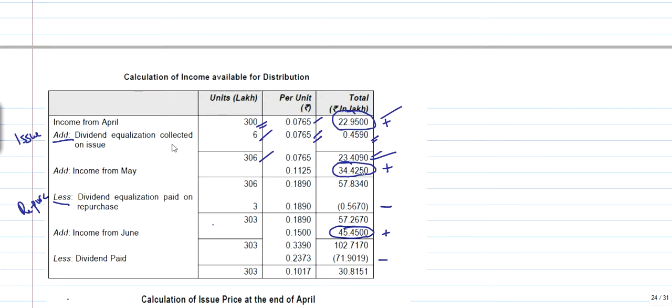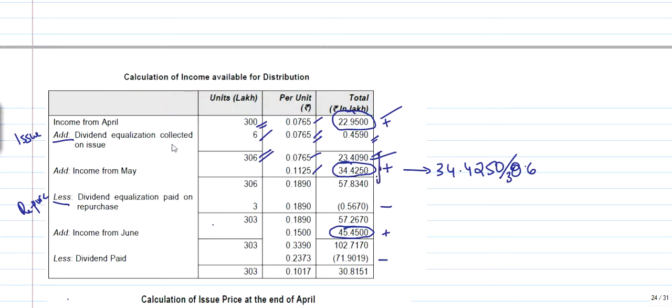Then income from May is added, but this is calculated on 306 lakh units. 34.4250 divided by 306 units, we will get this income per unit.